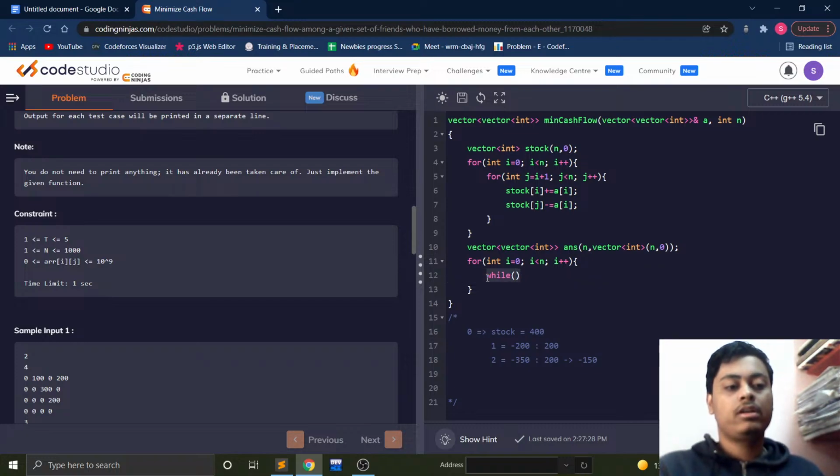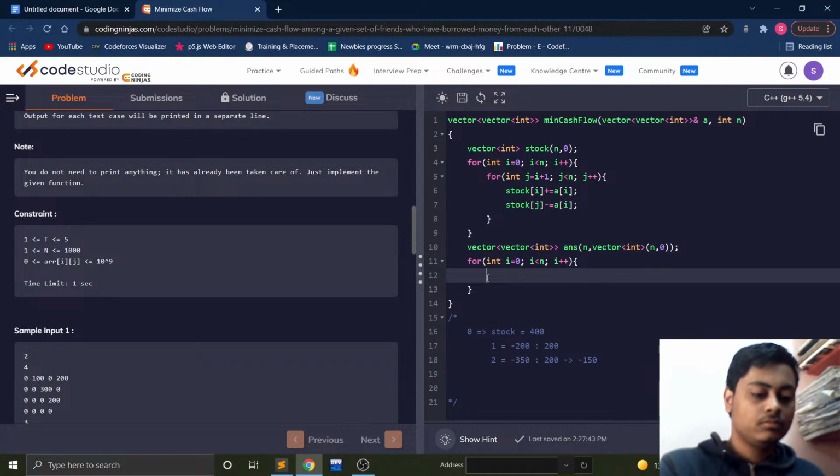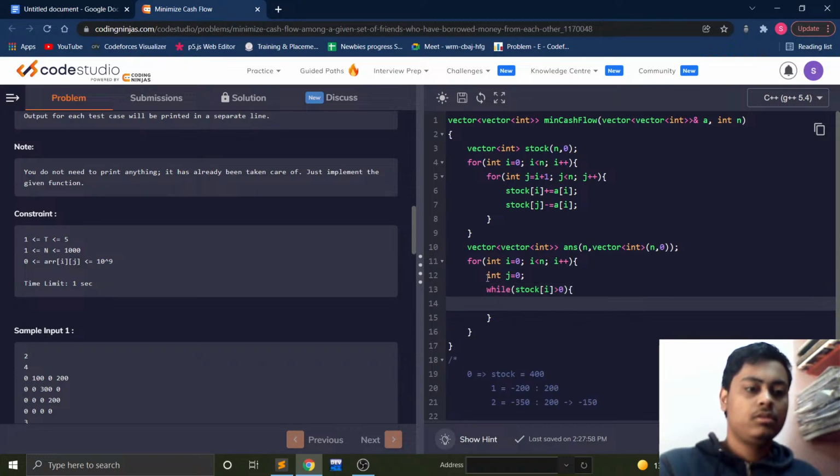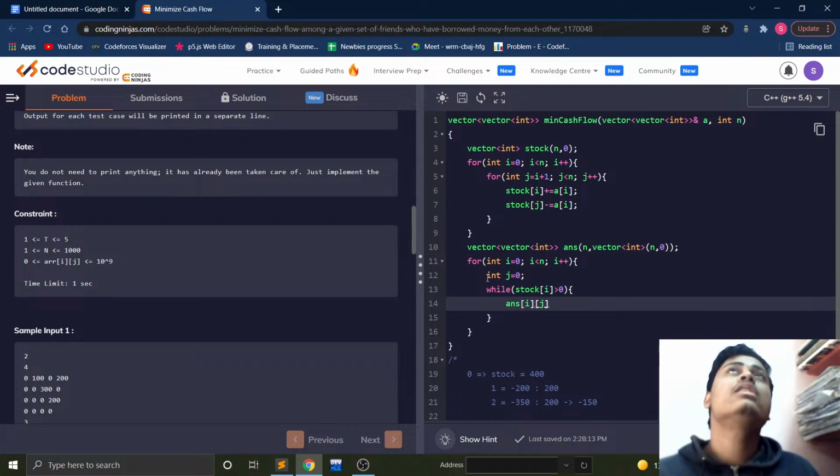If the current stock is positive, to 0, while stock of i is positive, I'll do answer of i, j. Let's suppose it is like how much payment.